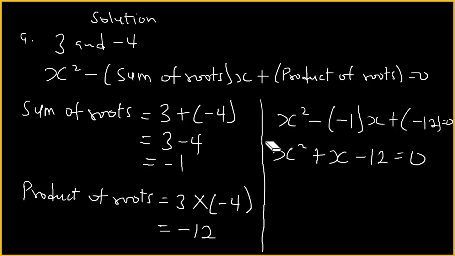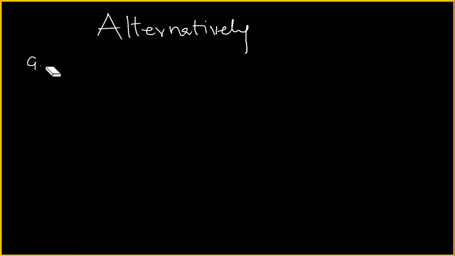Alternatively, from the same roots, 3 and negative 4, we all know that every root is equated to a variable, so it's a variable that comes out with a number.